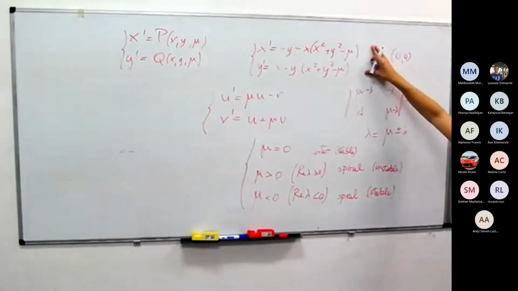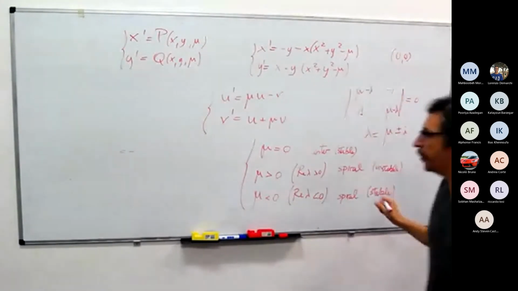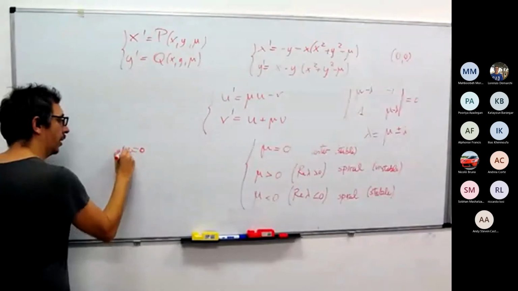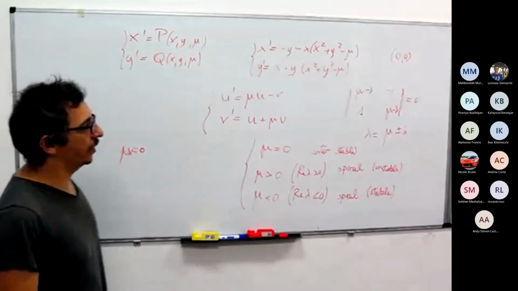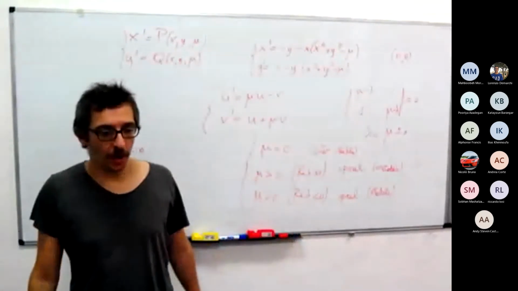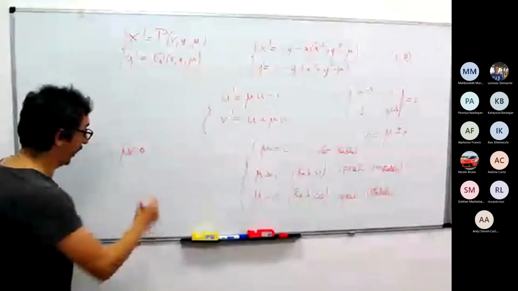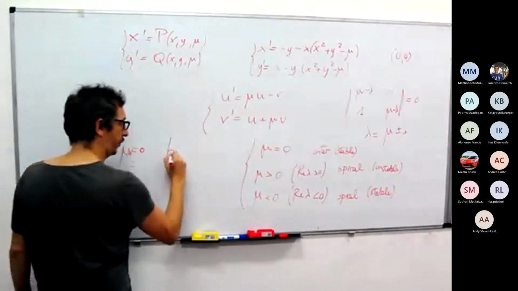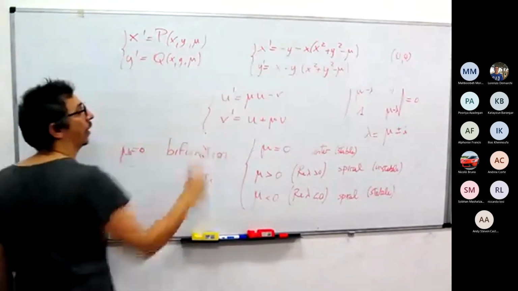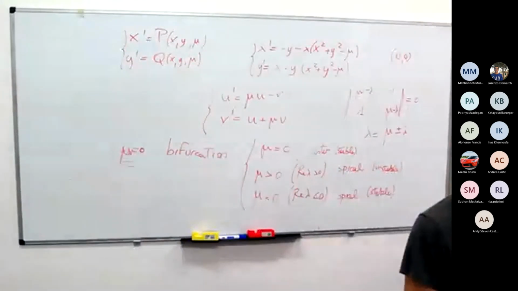And this will be true both in the linear world and in the non-linear world. So this means that at mu equal to 0 there is a change in the stability of the critical point. So again, mu equal to 0 will be a bifurcation for the non-linear system, or also for the linear system.